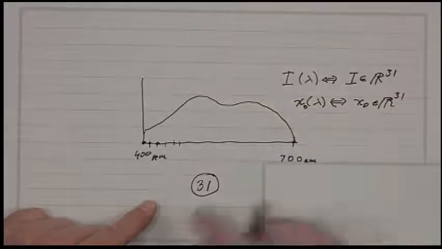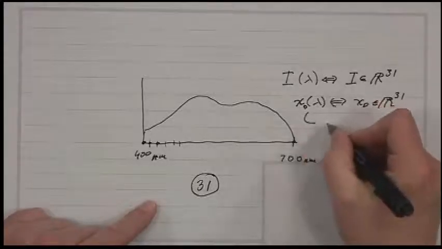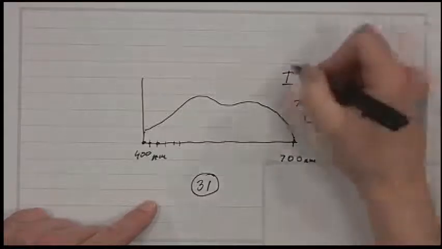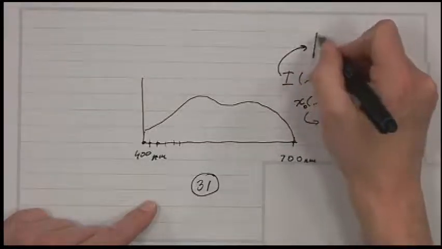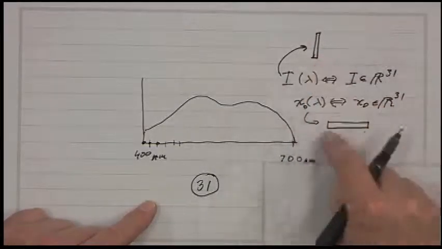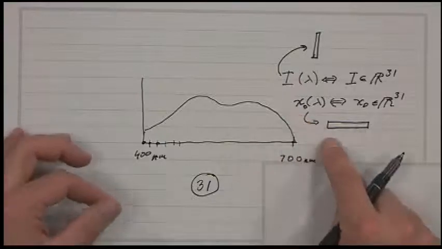But X0, you usually think of as a row vector, and you usually think of I as a column vector. The reason is that I is data, but X0 is not data. It's an operator.